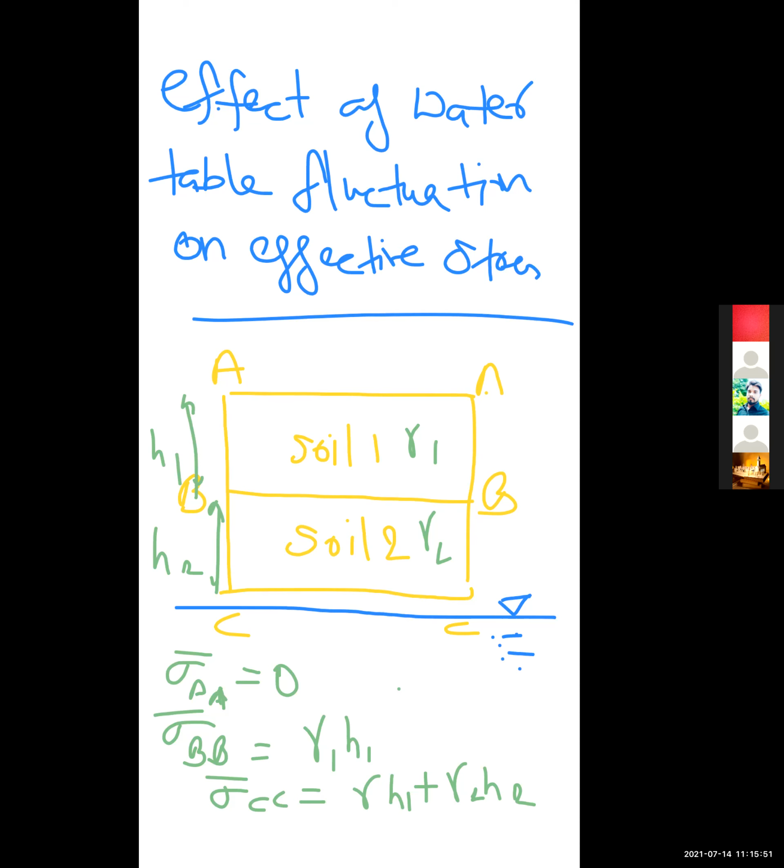Now the second condition is if the water table is introduced at BB level, at this level. If the water table is introduced at BB level, then what is the change in effective stress, total stress and pore water pressure?